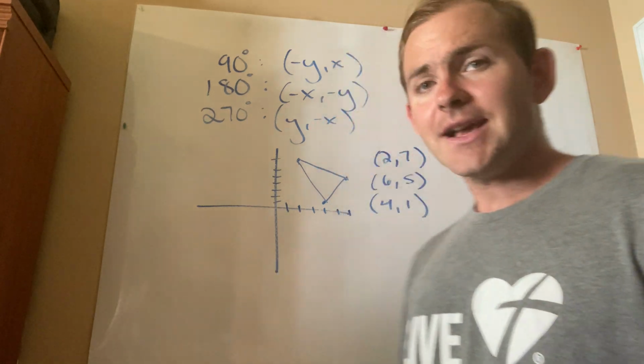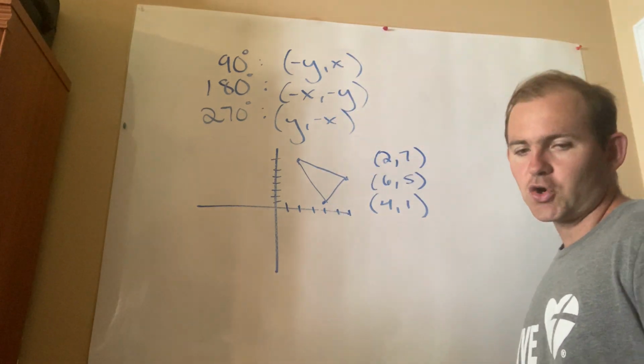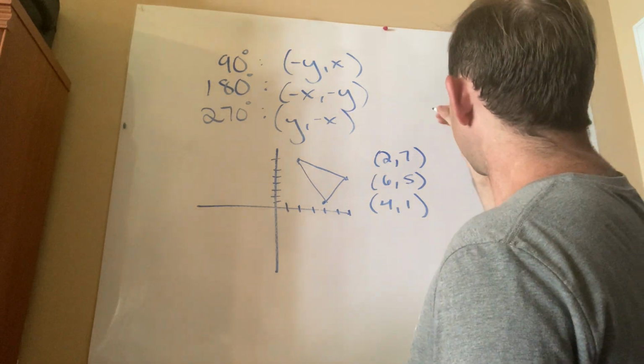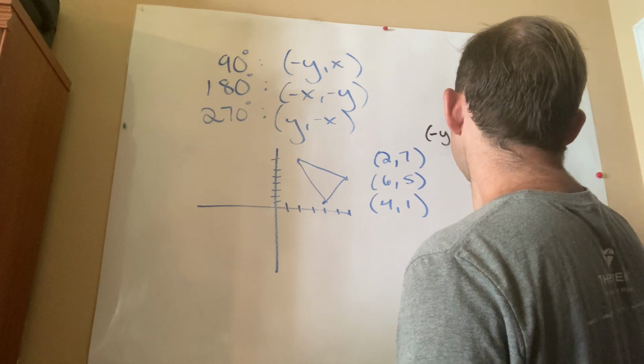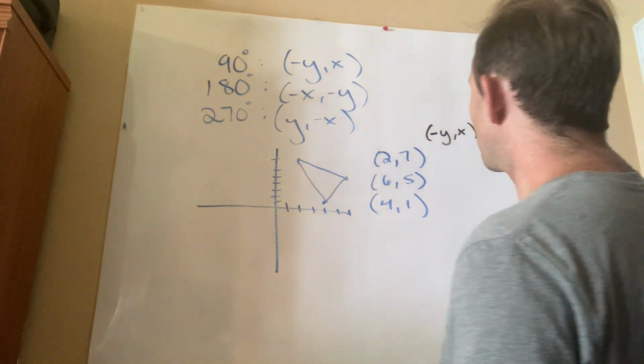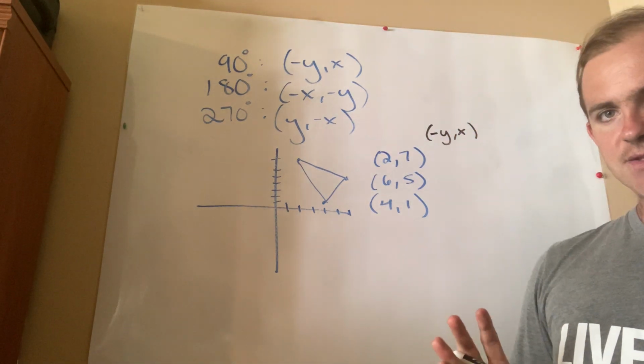Now, the next thing we're going to do is write our coordinate rule. And in this case, our coordinate rule is negative y comma x. Okay, so let's think for a moment about what that means.